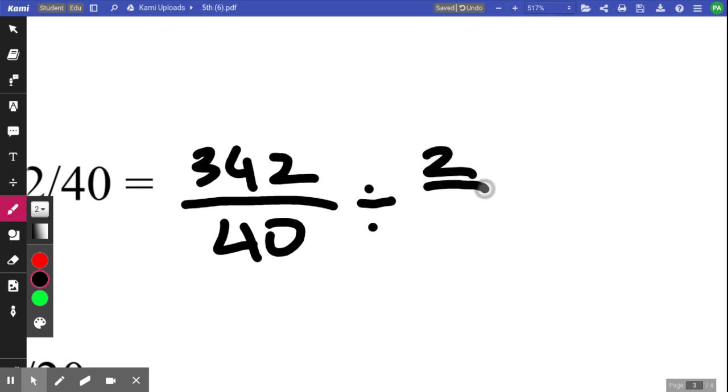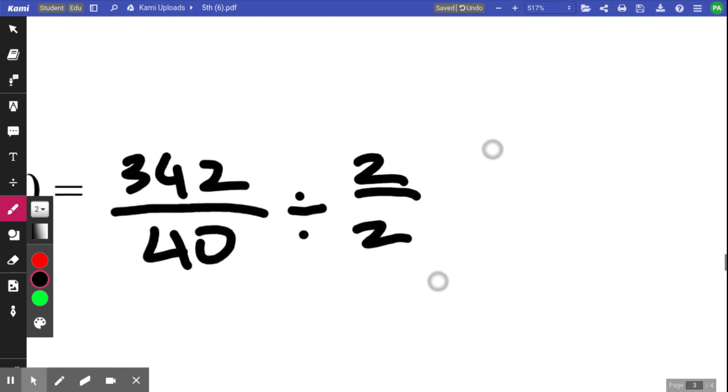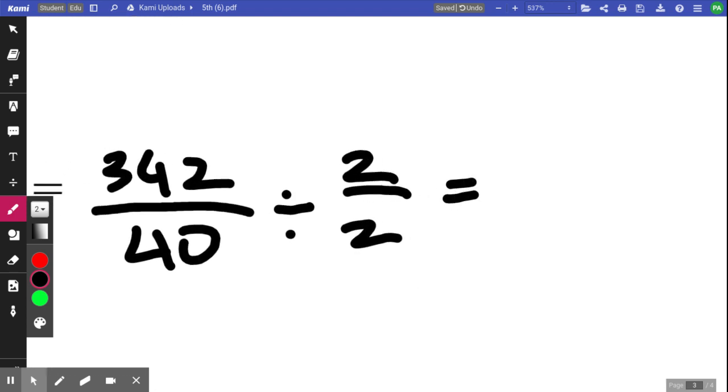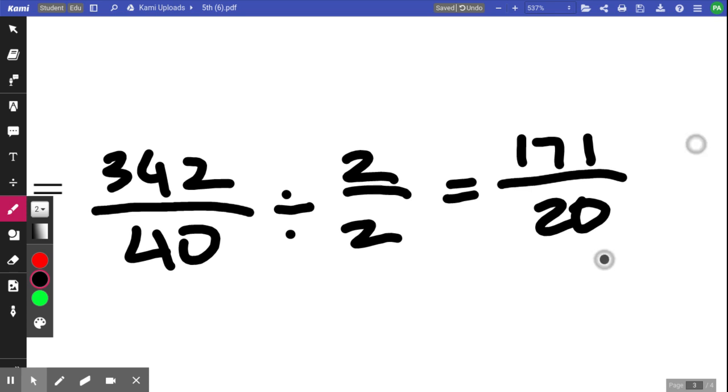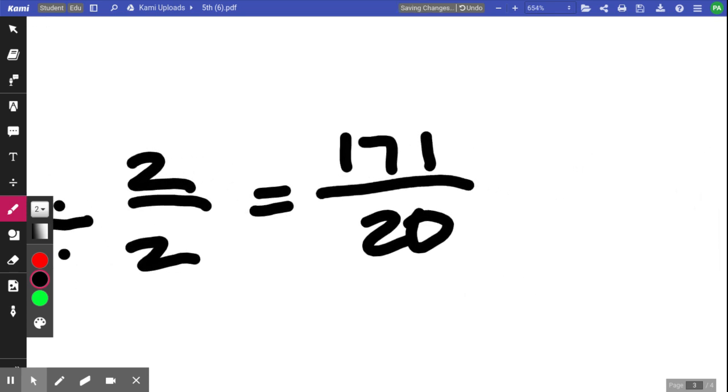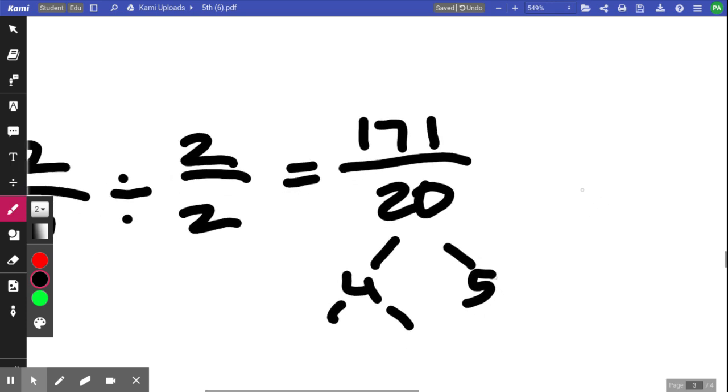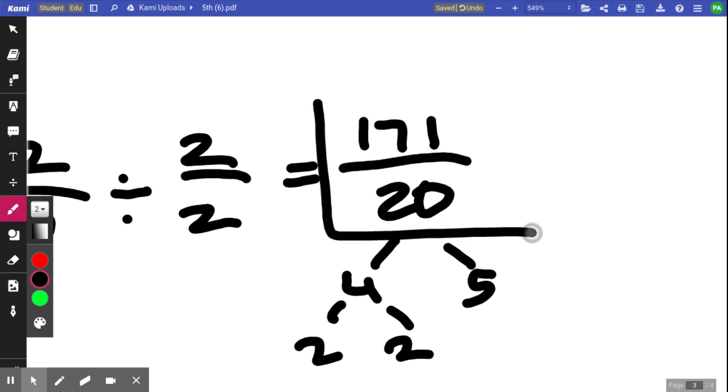Let's try the easy way out. 342 divided by 2 is 171. 40 divided by 2 is 20. So let's think. Can 20, the multiples are 4, 5, and 2, 2. Nothing works for 171 besides 1. So this is your final answer.